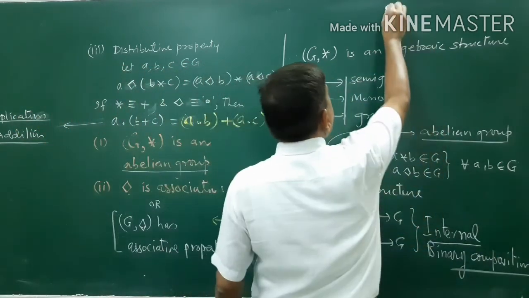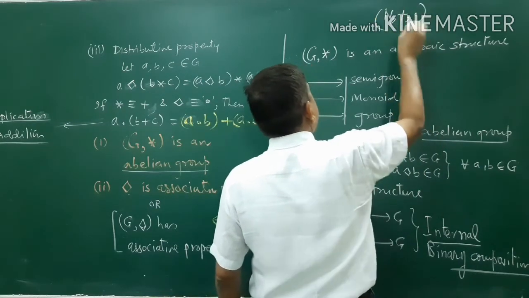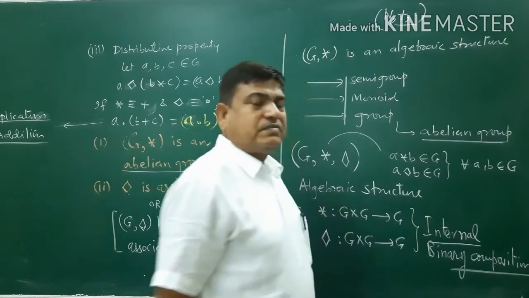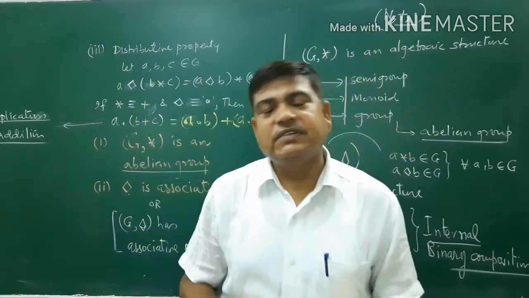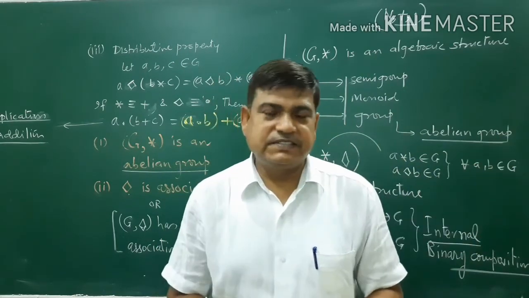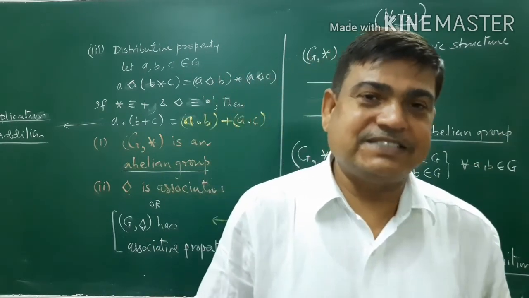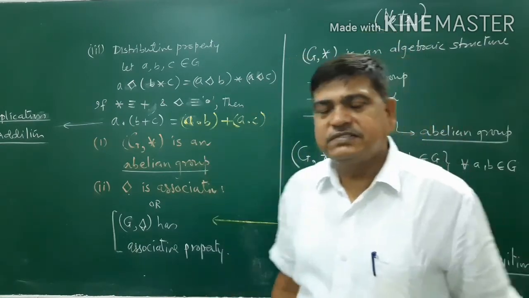Example, set of natural numbers. Now listen, in lower classes, we do not describe all the things.